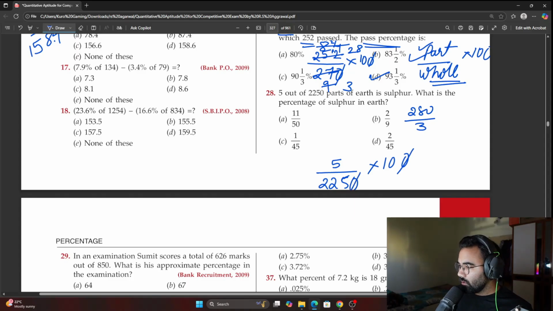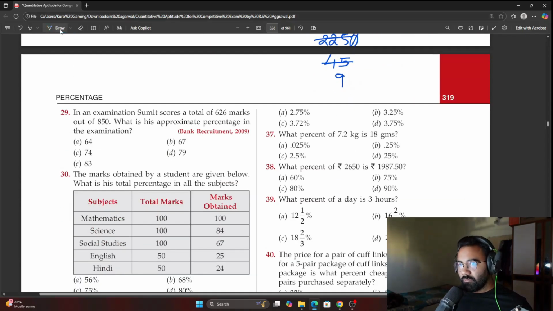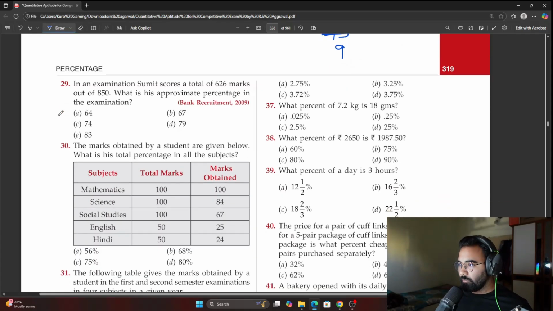Let's see if we get a proper answer for this. 5 1s are 5, 5 4s are 20, 5 5s are 25. Right? 5 9s are 5 2s are 2 upon 9. Then we have B.